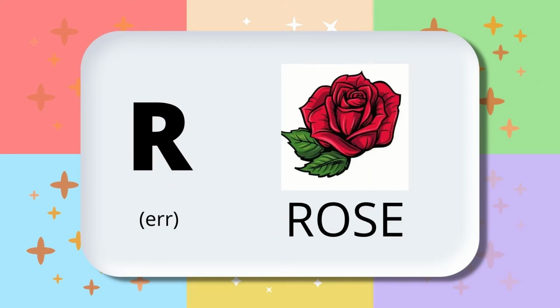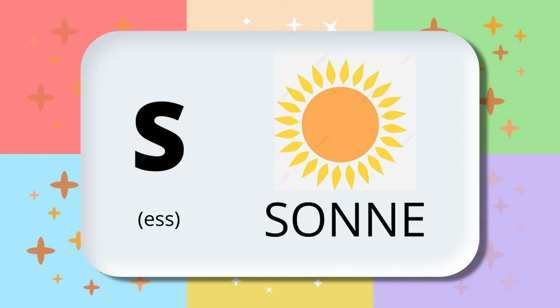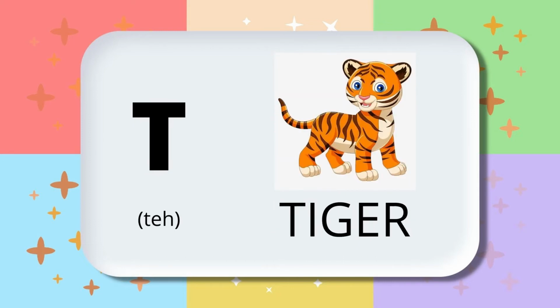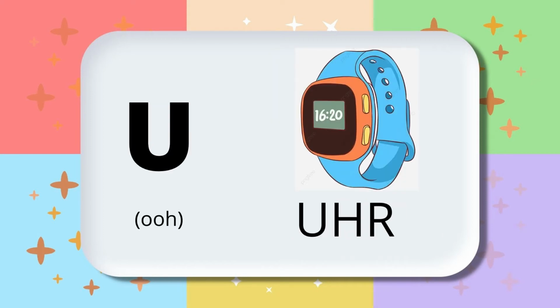R, rose. S, Sonne. Most of the time S is pronounced like Z. T, tiger. U, oor.